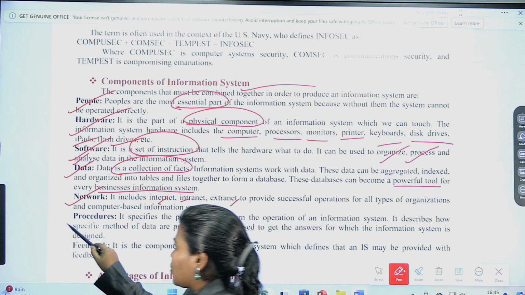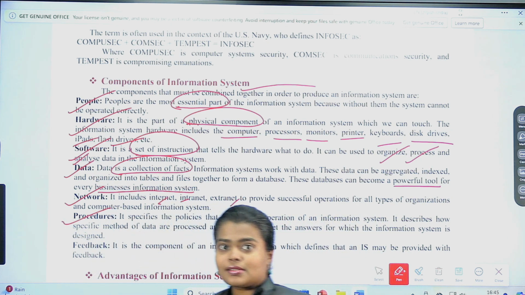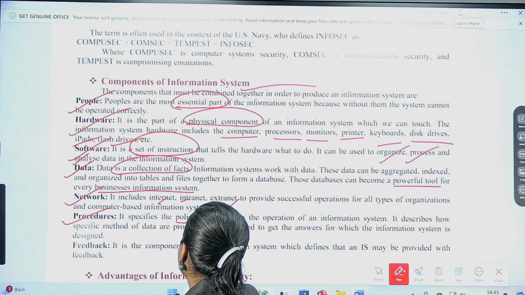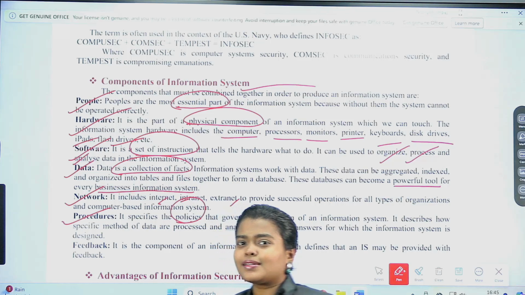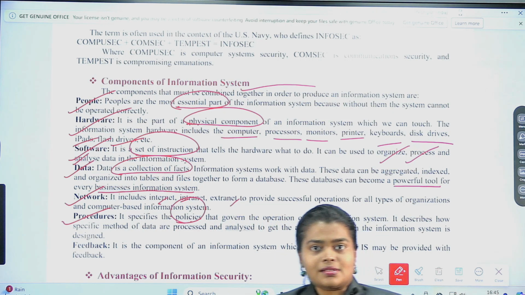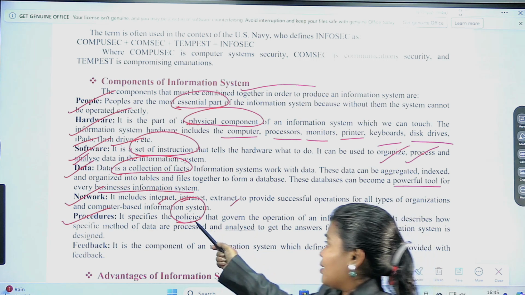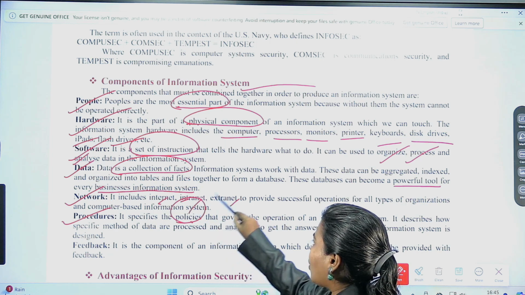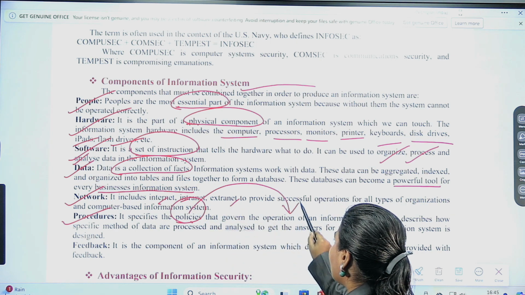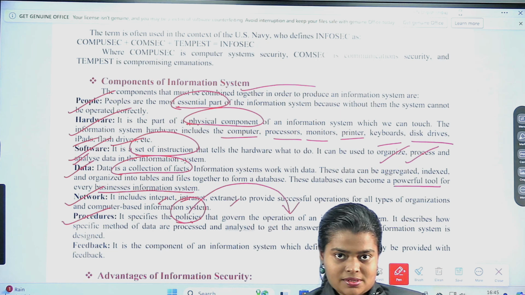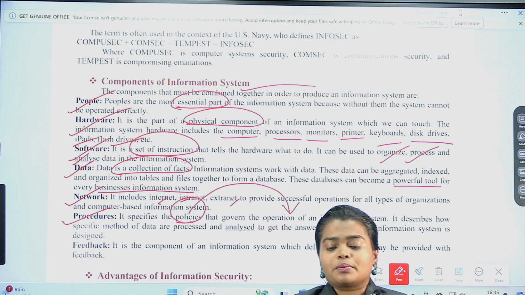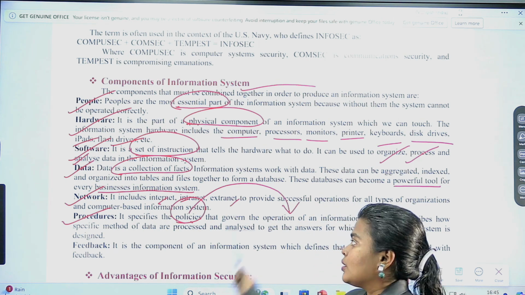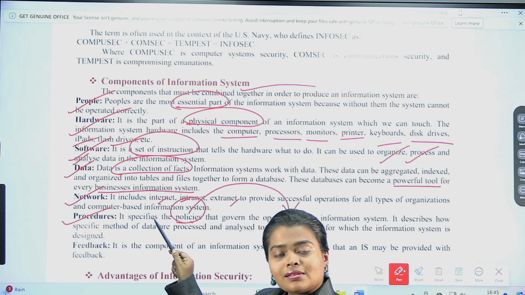The next one is procedures. Let us see what we mean by procedures. Procedures specify the policies that govern the operation. Policies are here to control the operations. The operation should follow a particular way, particular rules, and for that, policies are established.